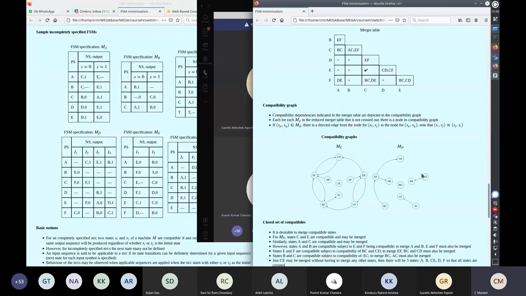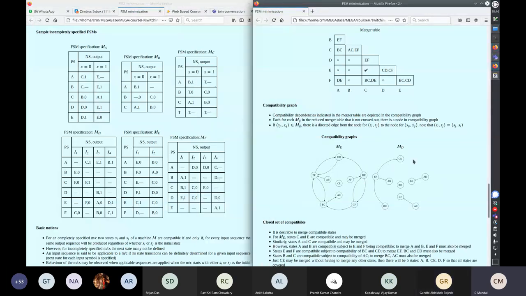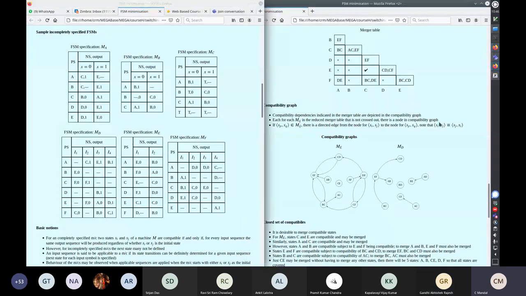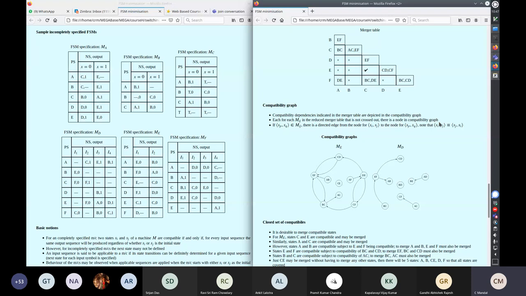How many possible pairs can exist? How many possible nodes can be there in this compatibility graph when you have 6 states in the machine? NC2. So what will that number be for MD? 10.